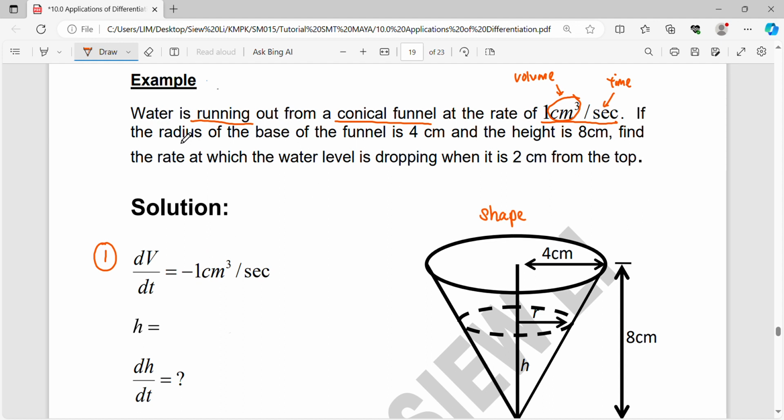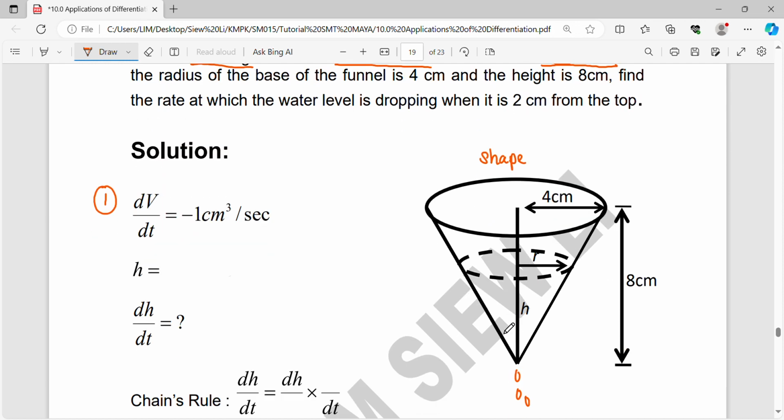If the radius of the base of the funnel is 4 cm and the height is 8 cm, so we're talking about the funnel, the container here. So this funnel, this container, height 8 cm and radius 4 cm.